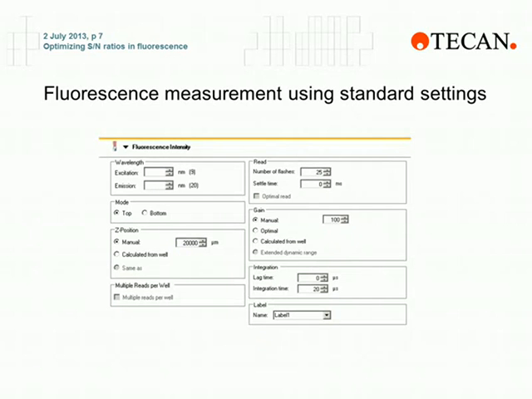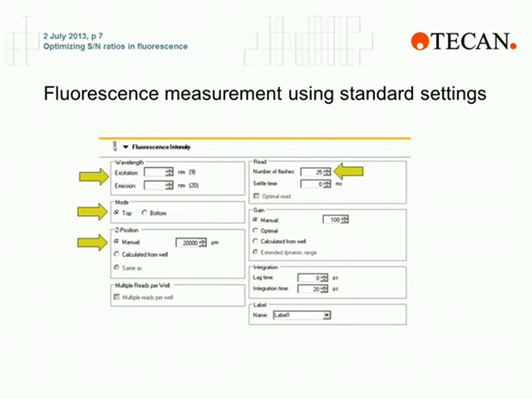So what are the settings we will look at today? The first one is obviously the excitation and emission wavelength, which is the most important setting for fluorescence. Next, we will look at the difference between reading a plate from the top and from the bottom. And for plates which we read from the top, we will explain the effect of Z optimization or Z positioning.